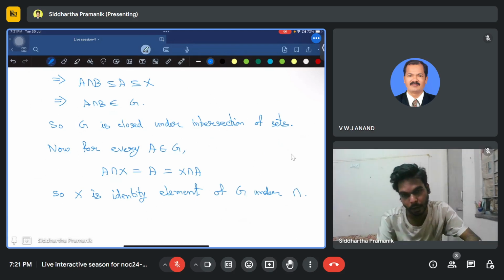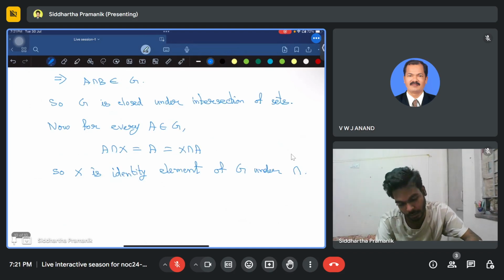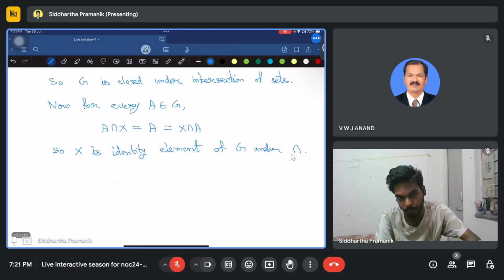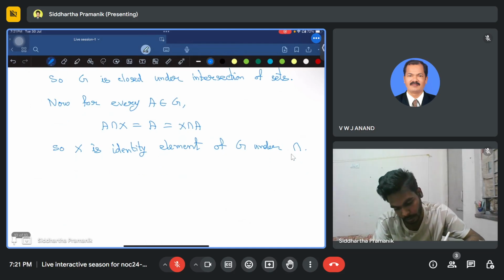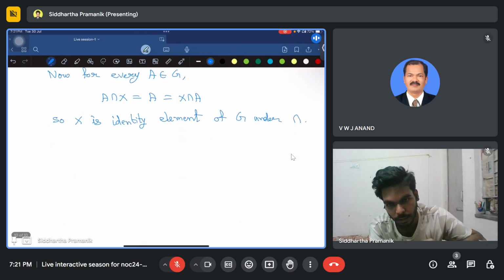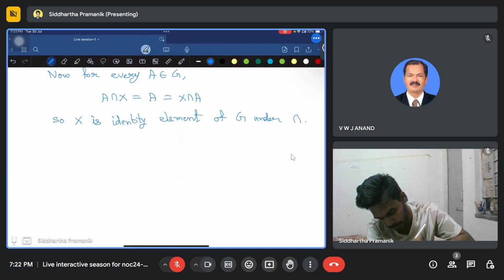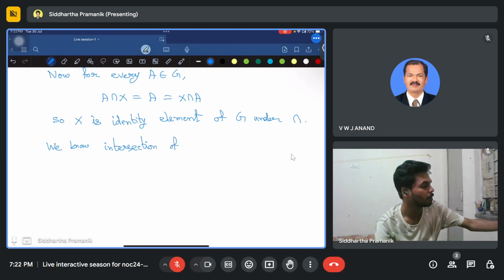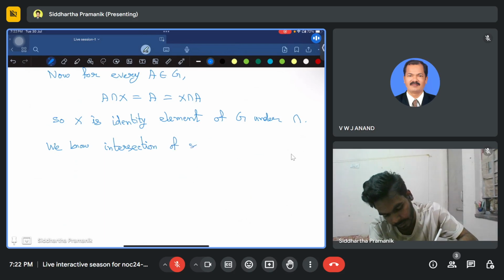Okay. Now let's check the associativity property. Since from set theory you know that the intersection of sets is also associative, right? So we don't have to check anything, since we know intersection of sets is associative.